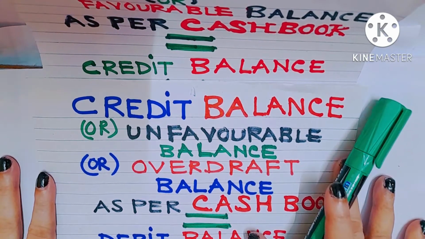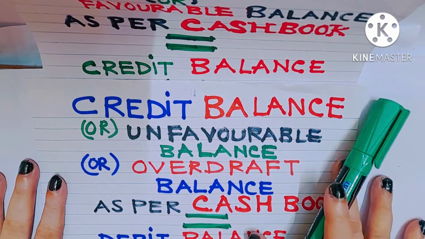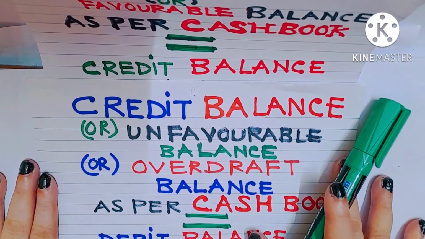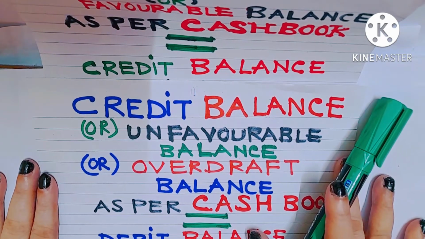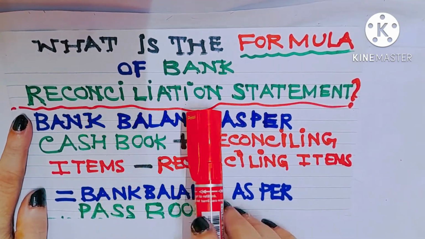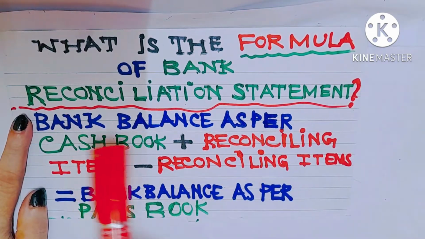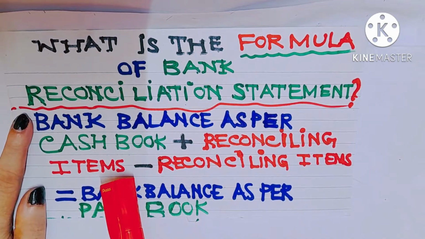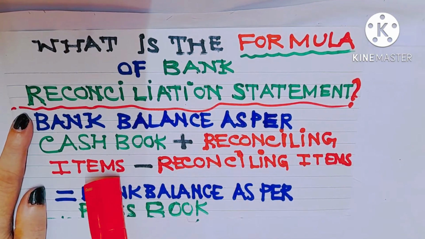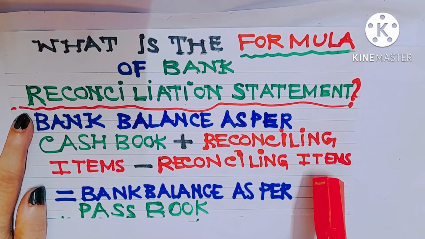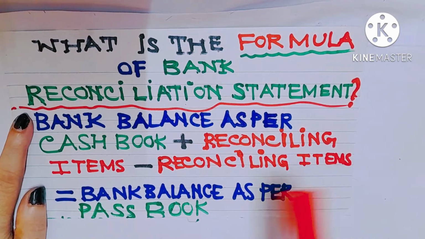These are very, very important points. Okay? You need to have a clear or complete concept before solving BRS problems. Understood? Now, what is the formula of bank reconciliation statement? Bank balance as per cash book plus reconciling items, that is transactions which we are going to add, minus reconciling items, that is transactions which we are going to deduct, is equal to bank balance as per passbook.